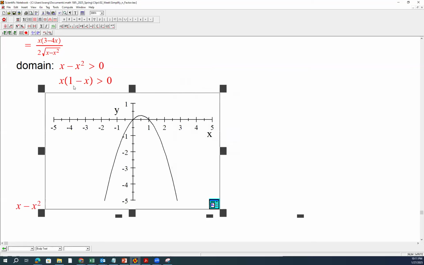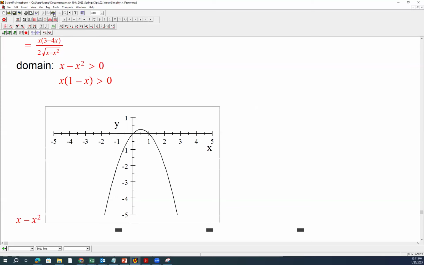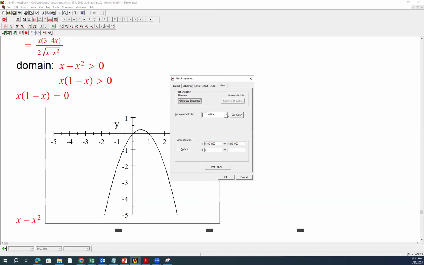You can see if you set this equal to 0, you get two points of intersection. One is 0, the other one is 1, 0. So these are two points of intersection, and this is the curve. We want the curve to be above, to be positive.